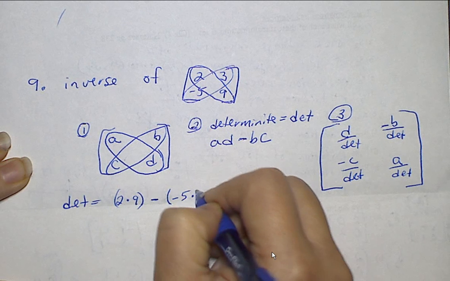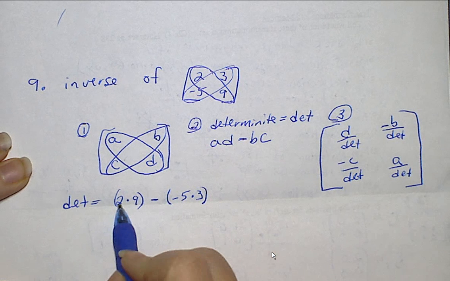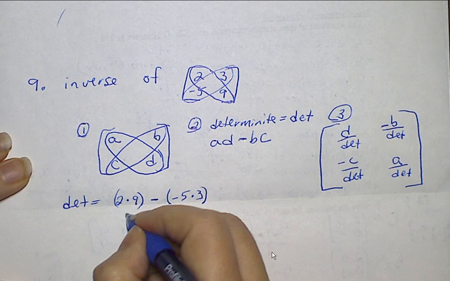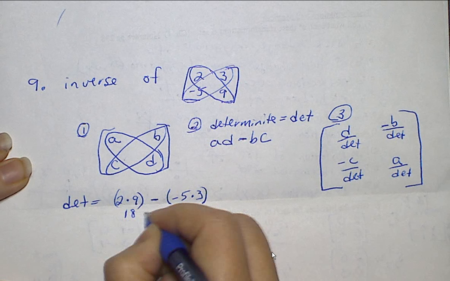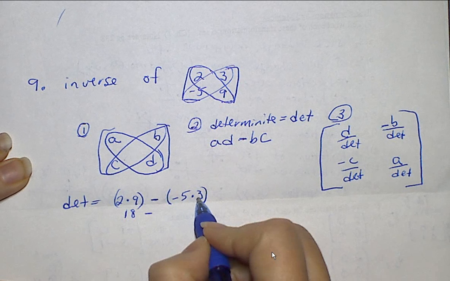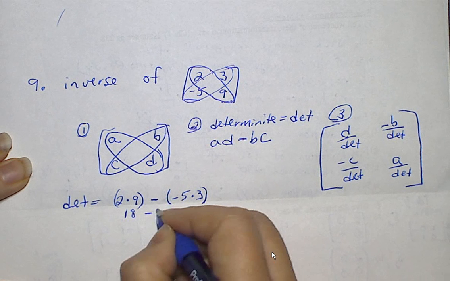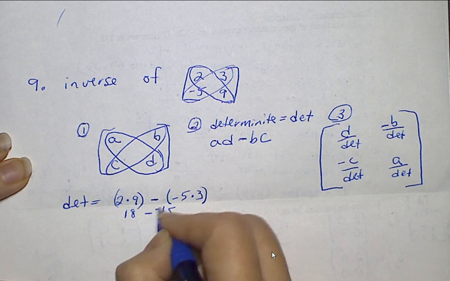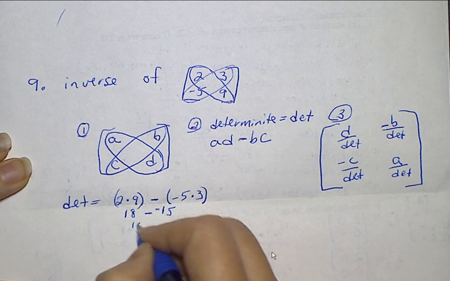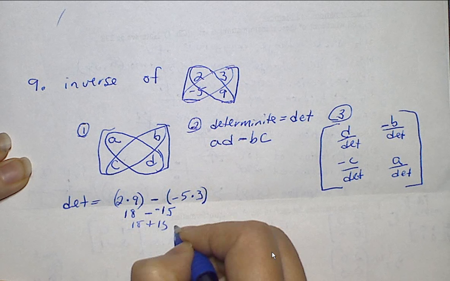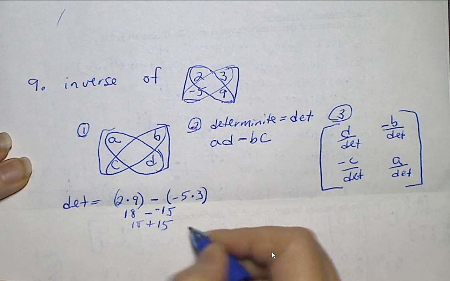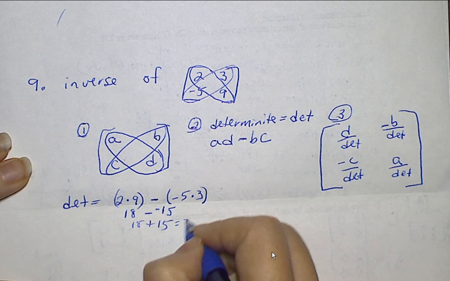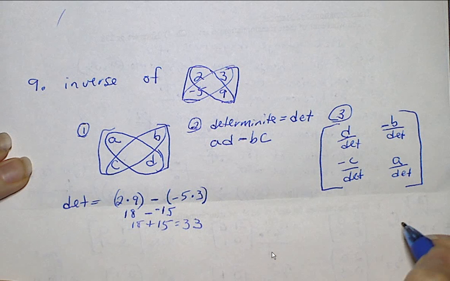So we have 2 times 9, which gives me 18, minus negative 5 times 3, which is negative 15. So negative is positive, so I have 18 plus 15. 18 plus 15 is 33. Right? So my determinant is 33.